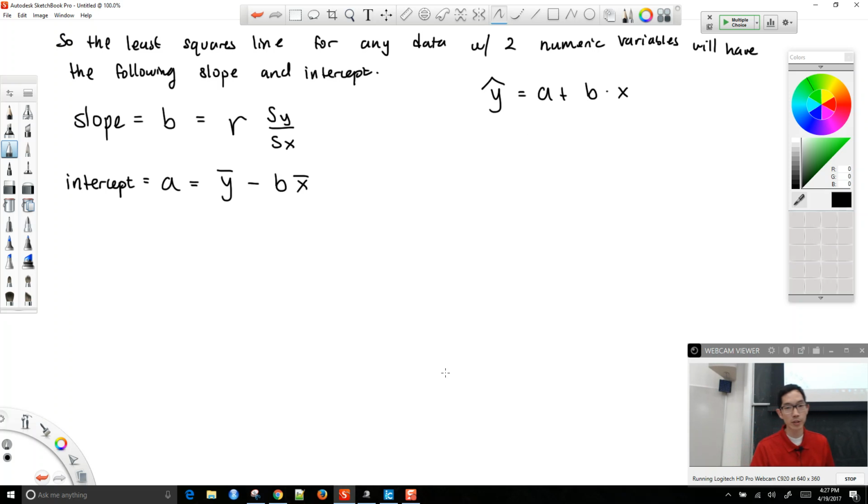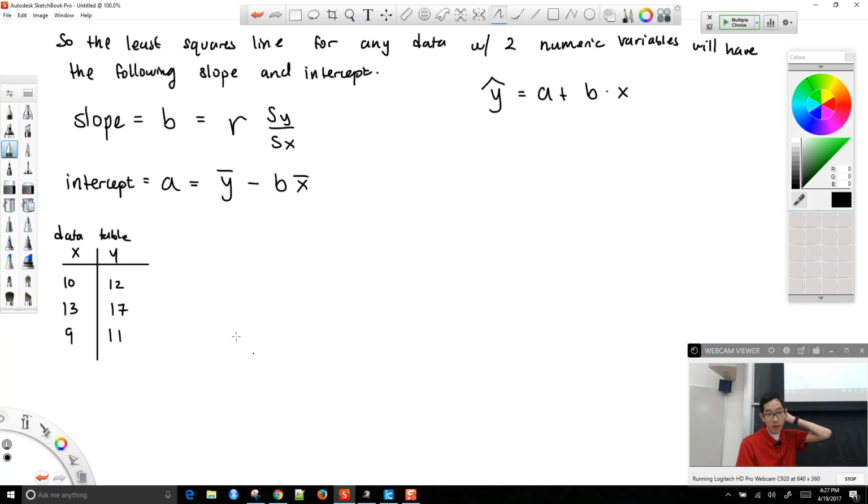You just need 5 summary statistics. Imagine the data table has a column of x values and a column of y values, say 10 and 12 and 13 and 17 and maybe 9 and 11, and so on.